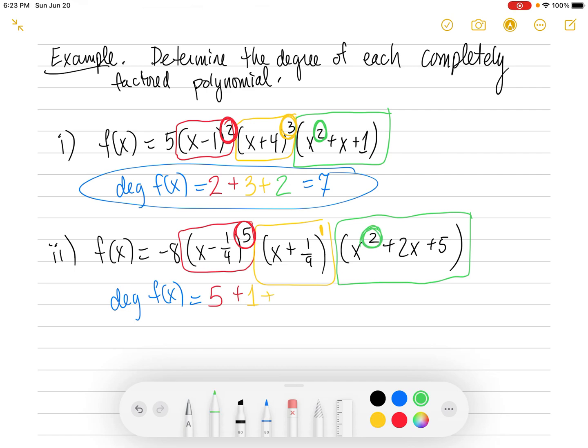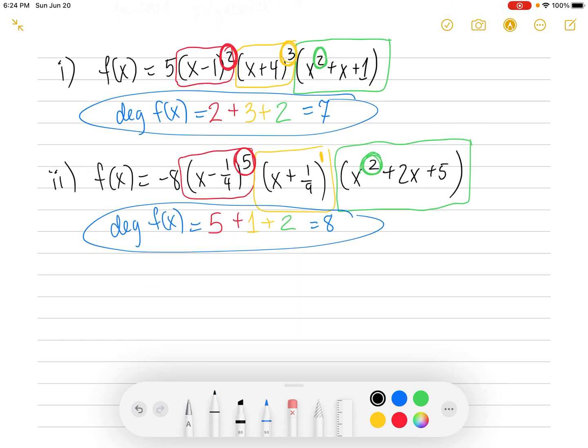And then the last one has a degree of 2. The largest exponent is a 2 there. So we add those together: 5 plus 1 plus 2 is 8. Yeah, it's a degree of 8. Okay, that's the quick way to do it.